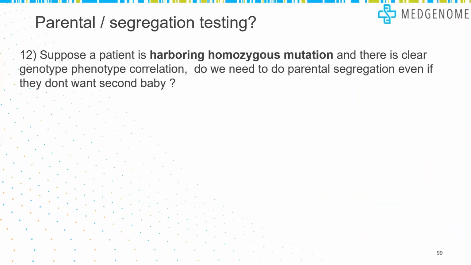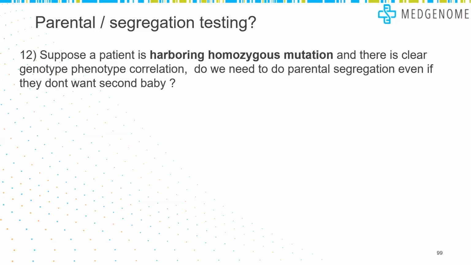This is more of a clinical query, I suppose. Suppose a patient is harboring a homozygous mutation and there is a clear genotype-phenotype correlation. Do we need to do parental segregation even if they don't want a second baby? So this is a very practical question, but again, to be correct, I would always suggest that whether it is a homozygous or a heterozygous mutation, you should do a parental segregation.